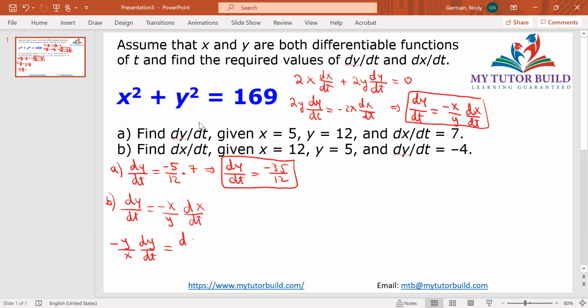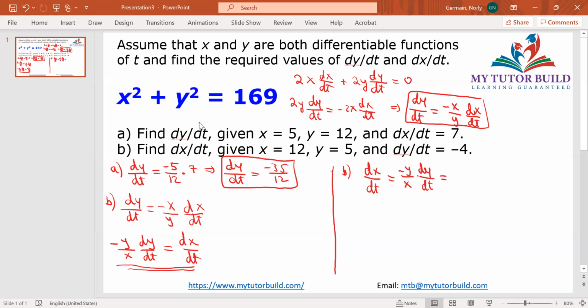So we have only dx/dt left. So we're going to use this formula to answer the second question. Remember, we're still doing B. So they ask us to find dx/dt equal to negative y over x times dy/dt.